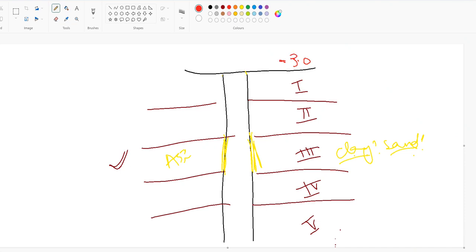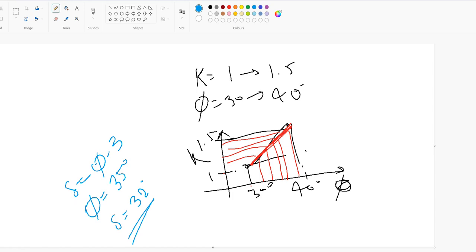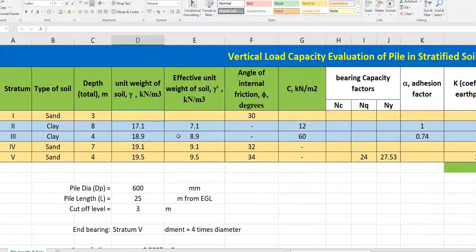The ground level is somewhere here, 0.0. We don't need the soil capacity or the pile capacity in this region. We need it after this. So we have ignored these values up to minus 3 meters, and they have not been considered in the pile load carrying capacity calculations.